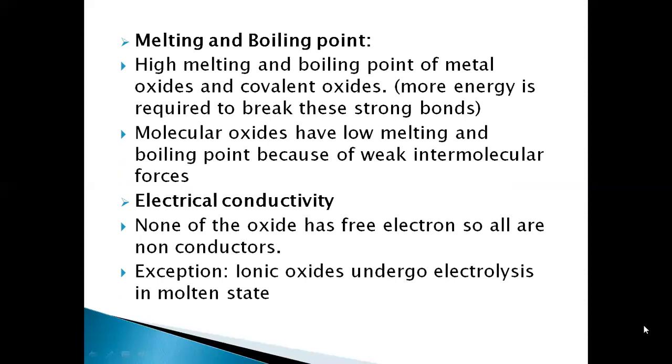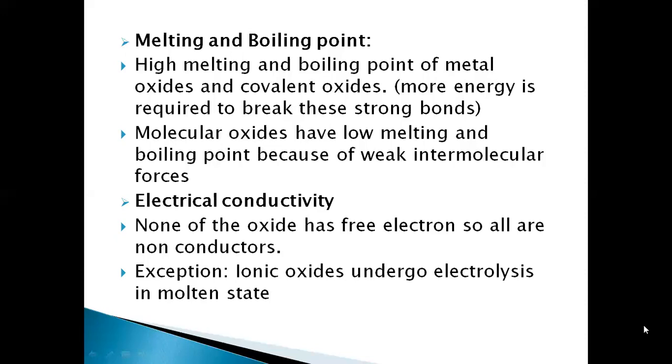It is stated that the melting and boiling points of metal oxides and covalent oxides are very high because more energy is required to break these strong bonds. Metallic oxides have high melting and boiling points because they require much more energy to break their bonds, including their ionic bond and metallic bond.